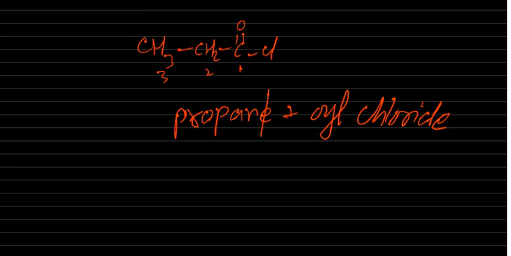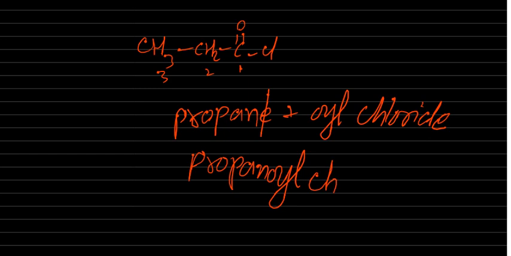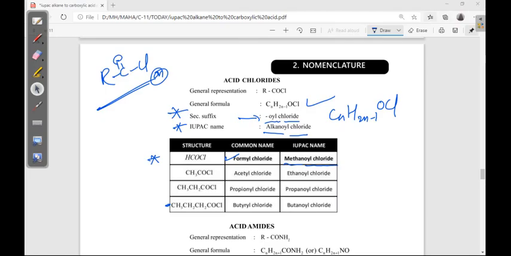Just you cut the E. Propanoyl chloride. Okay, this is the process to write these names. So propionyl chloride is the common name, propanoyl chloride is the IUPAC name.